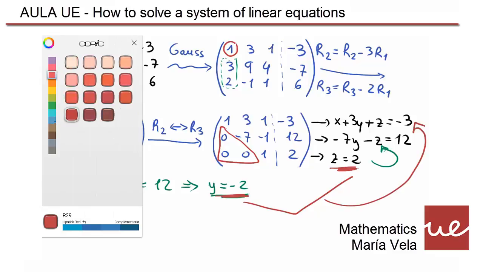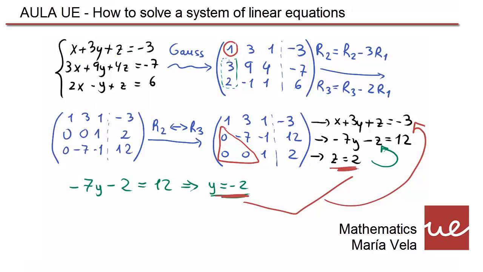If you do that, we have x plus 3 times minus 2, the value of y, plus z, which is 2, so plus 2, equals minus 3. And if you operate a little bit to find the value of x, you find that x is just equal to 1.